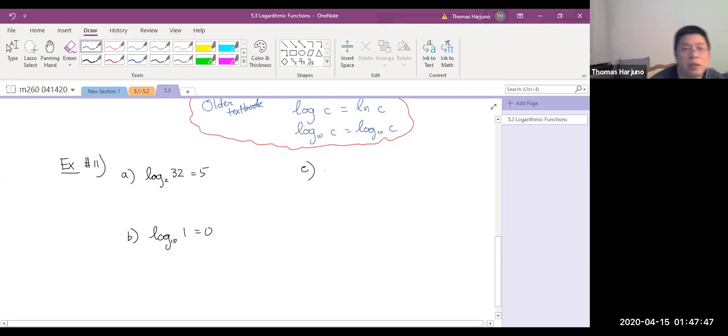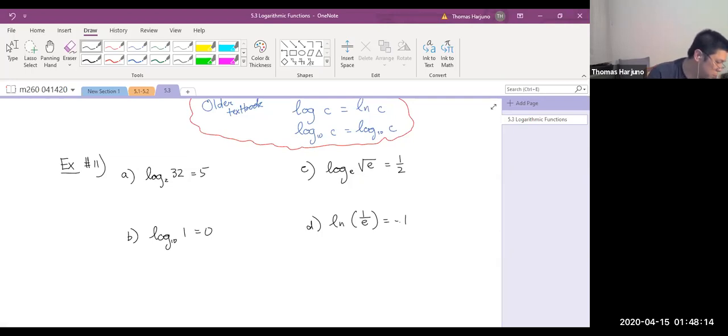Part C, log base E of square root of E is 1/2. And part E, natural log of 1 over E is 1. So try to write them in exponential form.